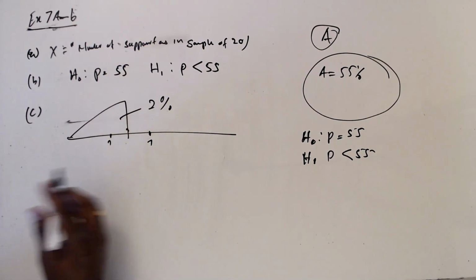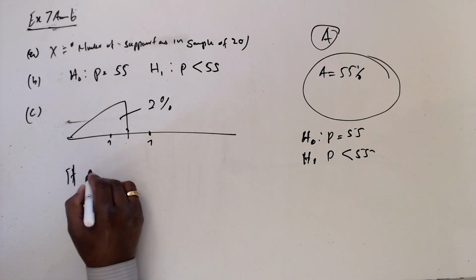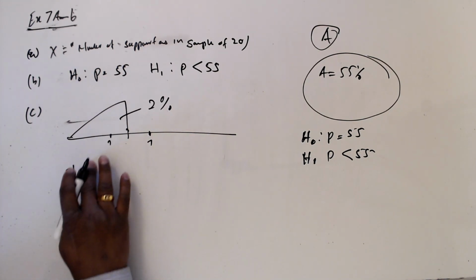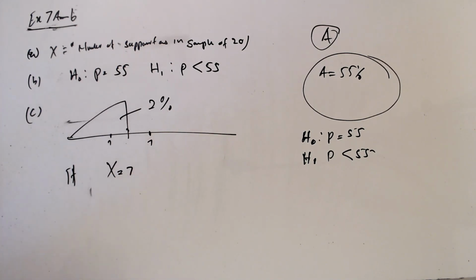So we'll write it in the accept form. What is the test statistic now? 7. This is the test value.